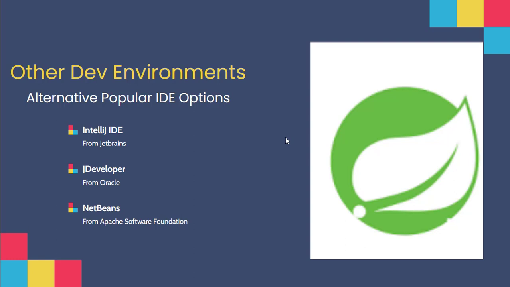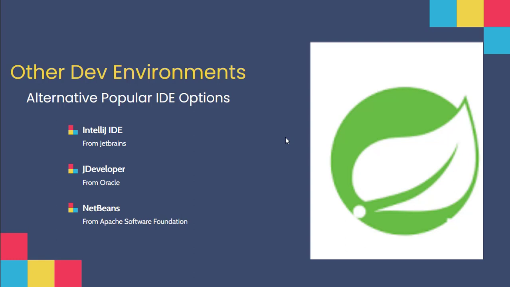However, I would like to mention the alternative popular IDE options for development environments related to Spring Framework 5. The first is IntelliJ IDEA, from JetBrains. A few things about IntelliJ IDEA: if you want to use it for Spring Framework development, you need to use the Ultimate Edition, which is a paid tool, by the way.